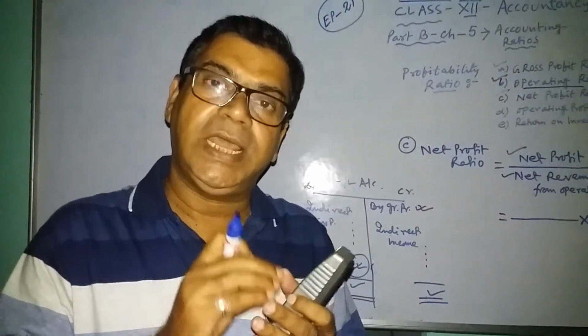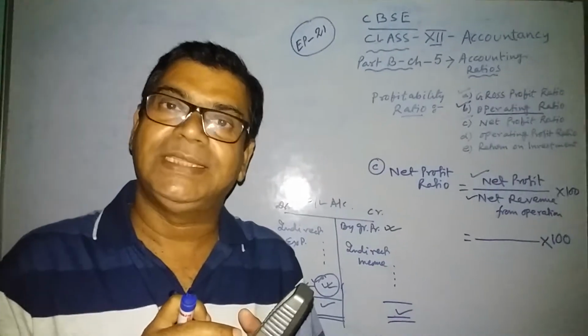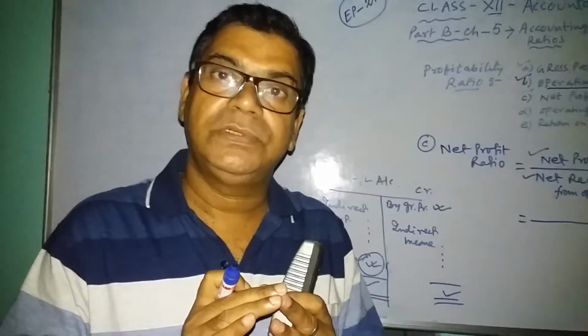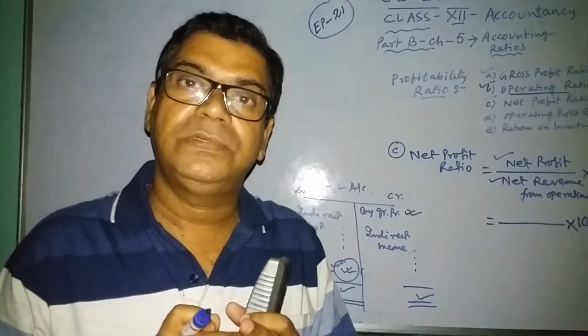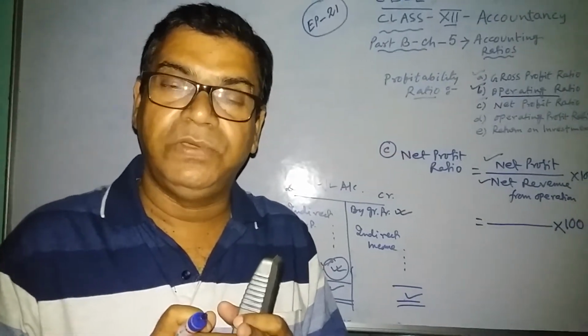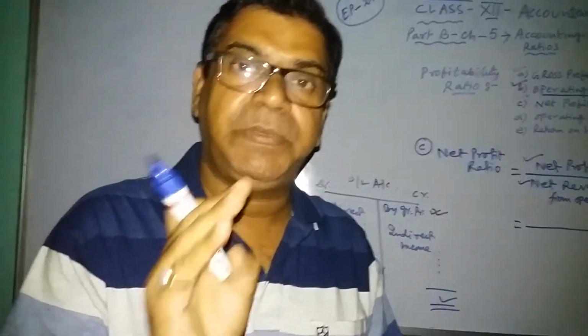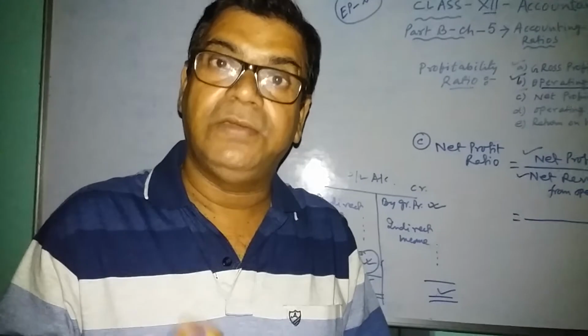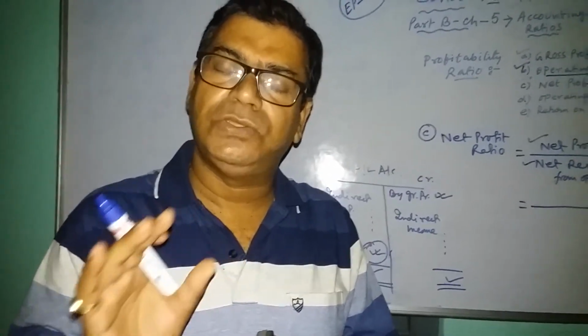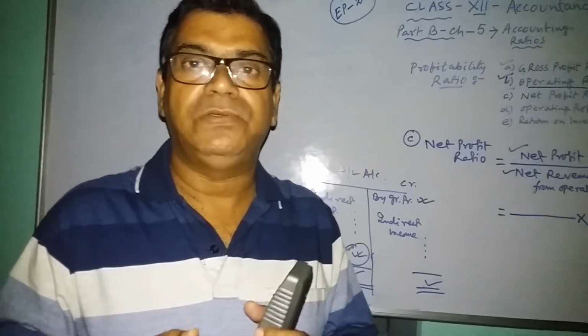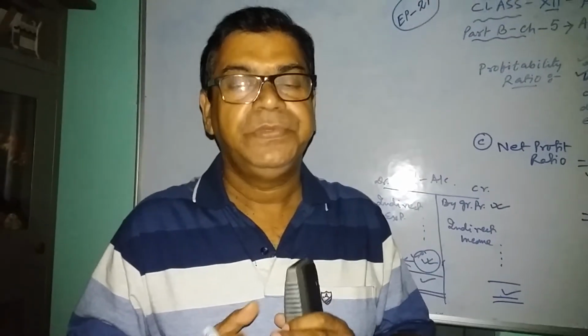So we can calculate the net profit like this: gross profit amount plus commission received, discount received, whatever indirect income is given, that will be added, and salaries, interest paid, rent paid, discount allowed, whatever the indirect expenses, those will be subtracted. Then we can get the value of net profit. Then that net profit amount we can put in the formula of net profit ratio.